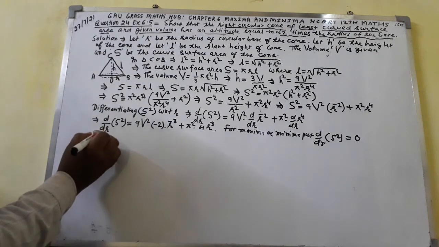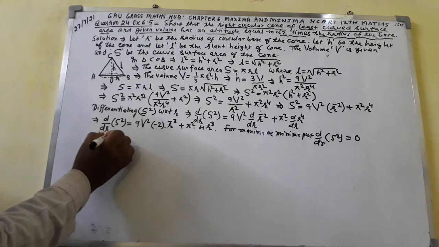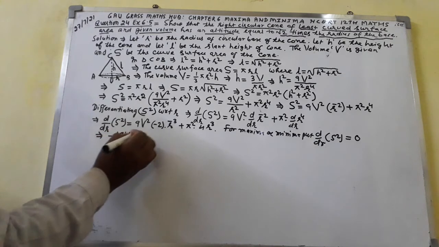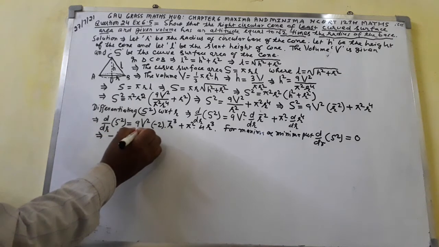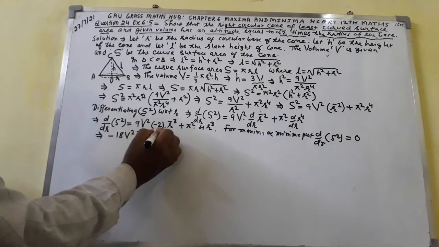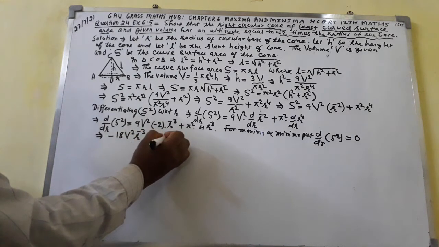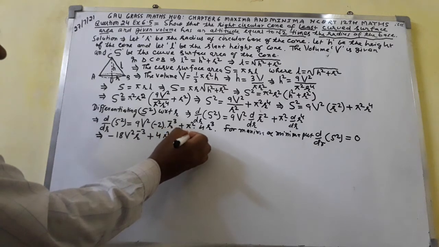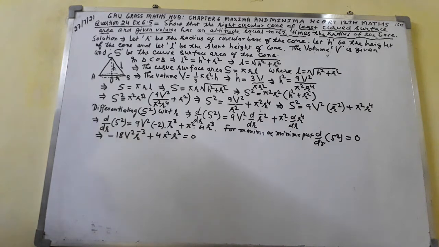So here I shall write, implied that, minus 18 V square R raised to the power minus 3 plus 4 pi square R cube equal to 0. This thing I have got.